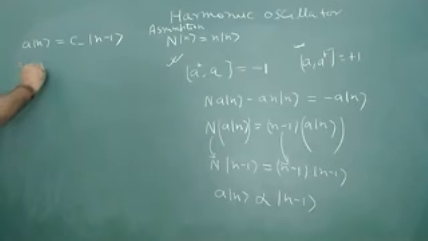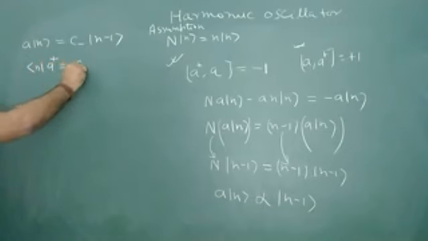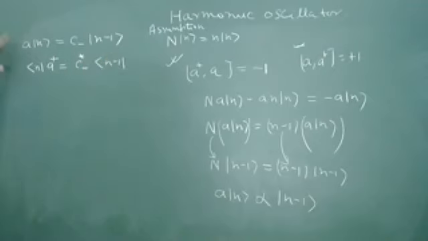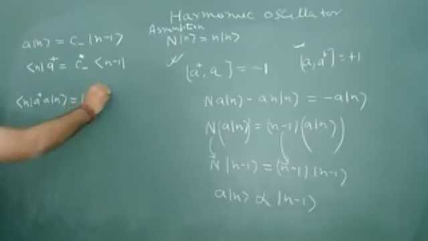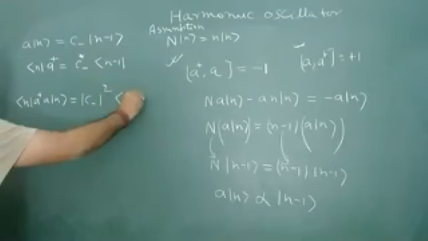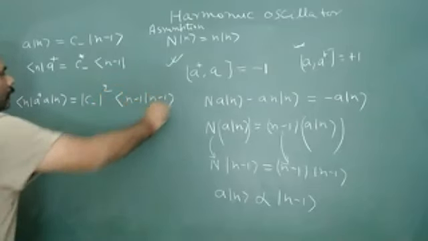The bra will be n bra, a will be a dagger, and this will be c minus star, and this will be n minus 1. And now I just figure out what the value of n a dagger a n is: c minus mod square, and there is n minus 1, n minus 1.